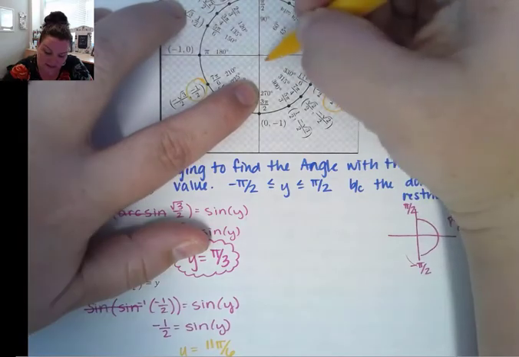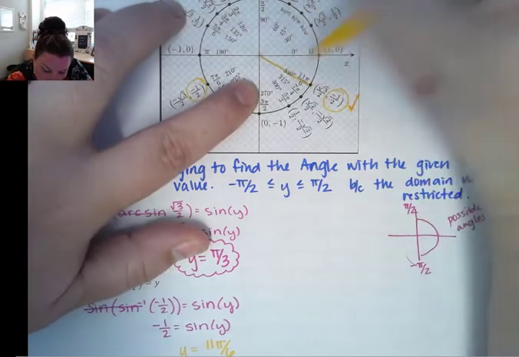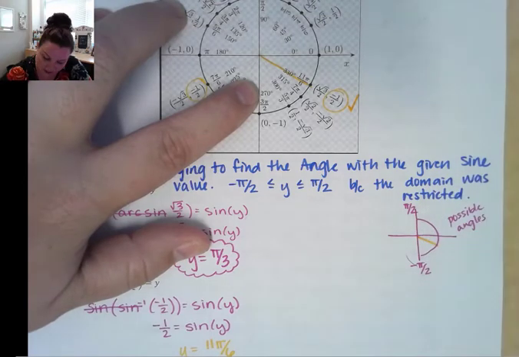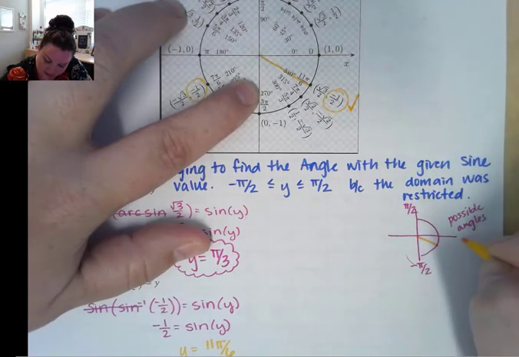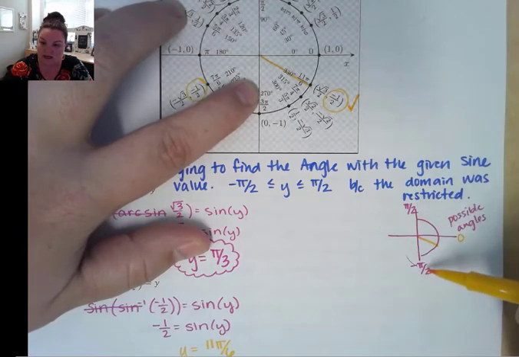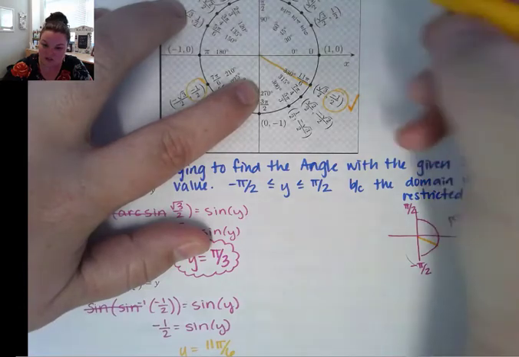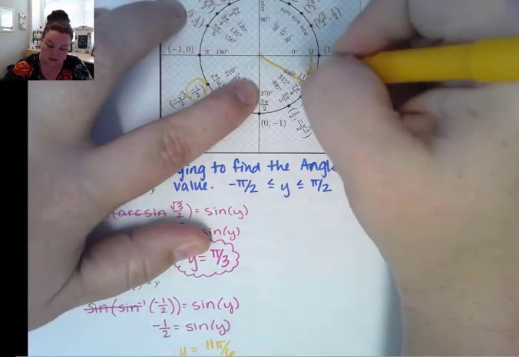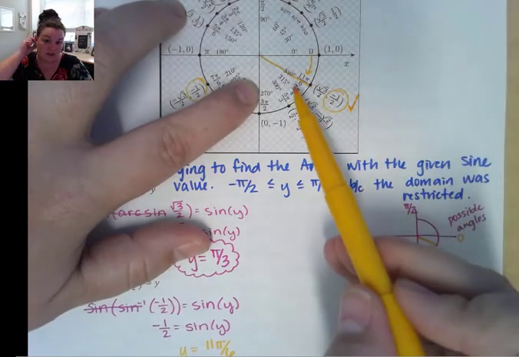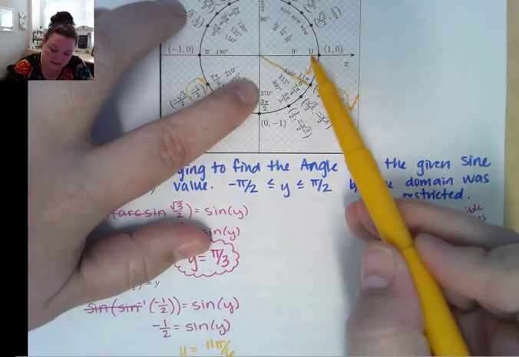Because this is right here, right? So I could express an angle that's right here as a negative angle, like this is 0, right? And I could go up 2 pi, or I could go down to -pi over 2. So I want to think about going down in the negative direction.